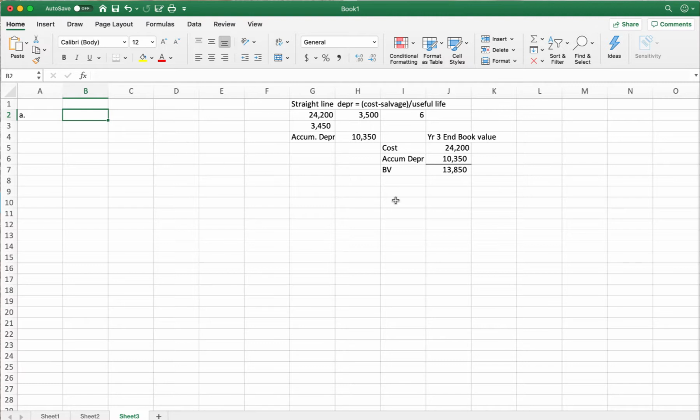So keep in mind, we're in year 4, okay? So within year 4, they tell us that they dispose of it 4 months into the year, right? Yeah, 4 months into the 4th year.